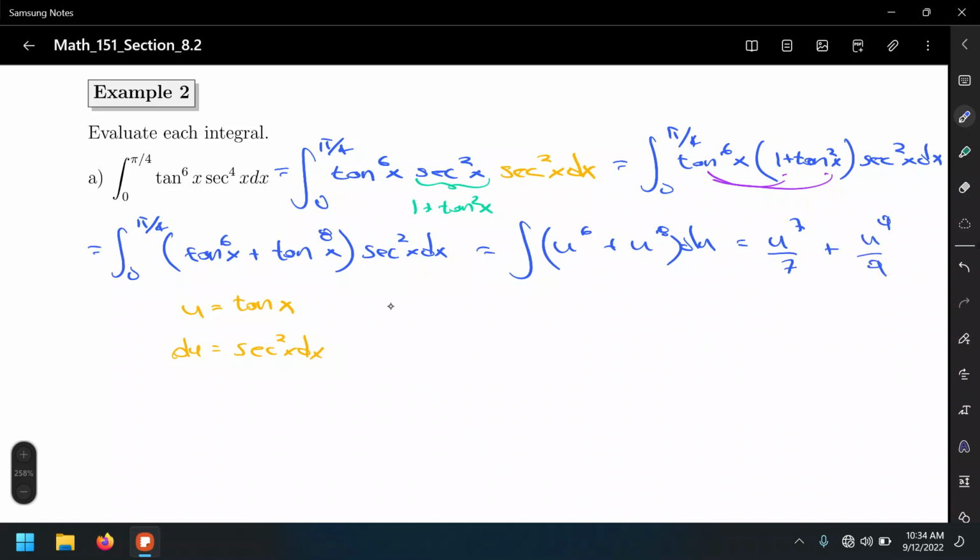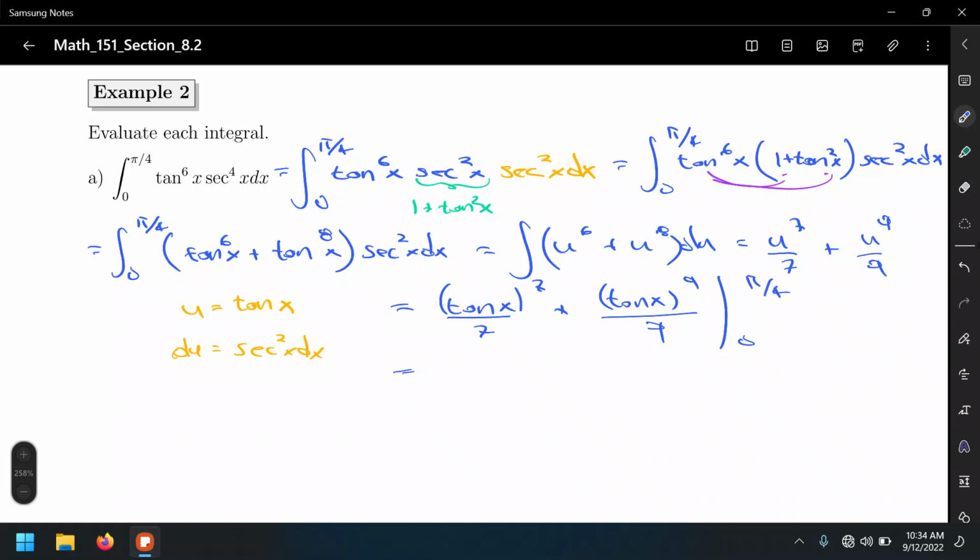Let me go back and substitute first. That's tangent x to the 7th over 7 plus tangent x to the 9th over 9. And now let's put the limits of integration, 0 to pi over 4.